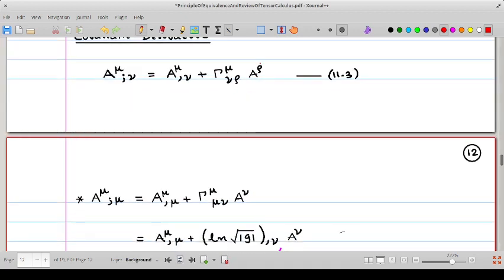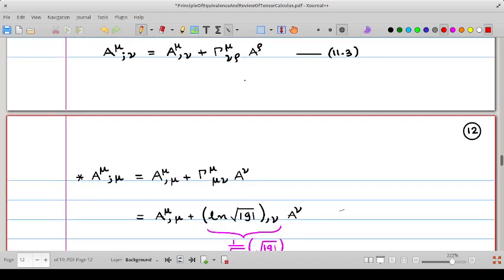Now the summation over ρ is implied. So this forms a linear combination of the components of the vector A. Now setting ν equal to μ, we have A^μ_{;μ}, that is the covariant derivative of A^μ with respect to x^μ, and μ is summed over all possible values.